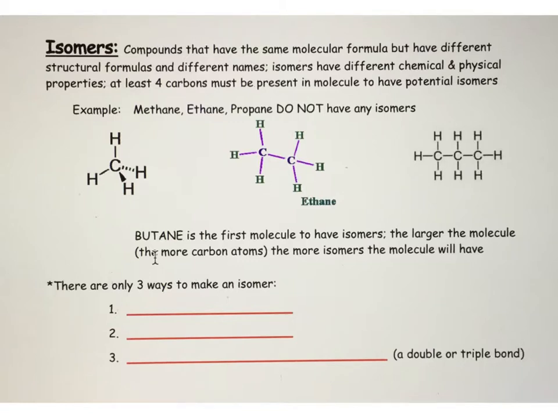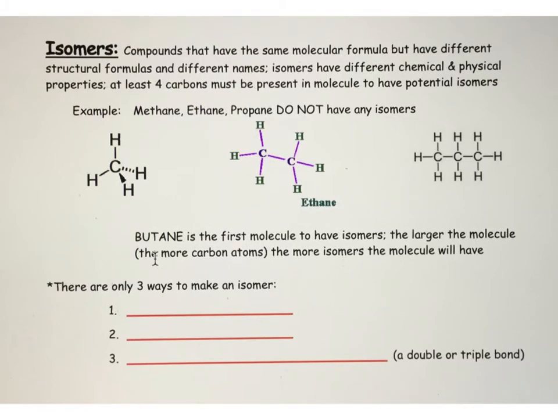You have to have at least 4 carbons, so it's got to be at least C4 or higher in order to create an isomer, because anything less than that, you would not be able to change or move the carbons in an arrangement that would be different from the original. So therefore, anything with meth, eth, or prop do not have any isomers because you can't move them anywhere. So there are 3 different ways that you can make an isomer. You can make a branch, and for those of you that have already watched that lesson, you know what I'm talking about.